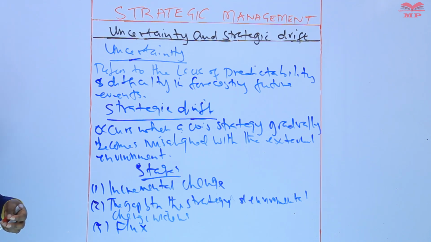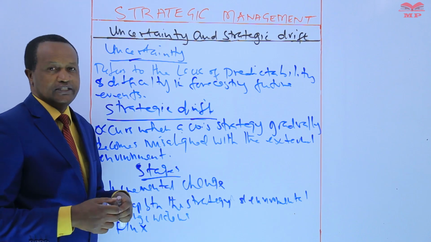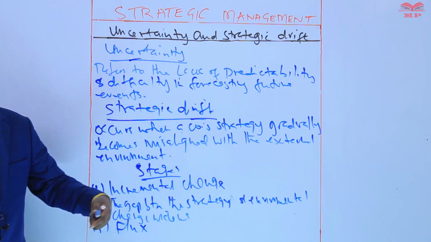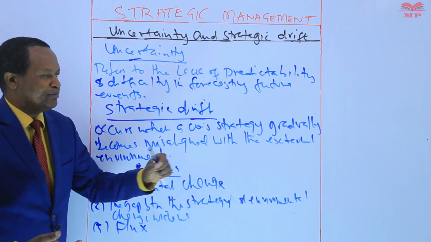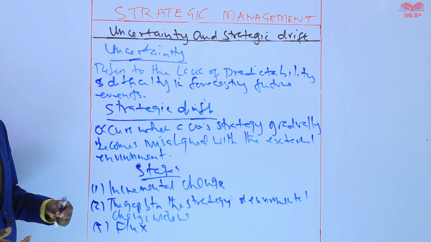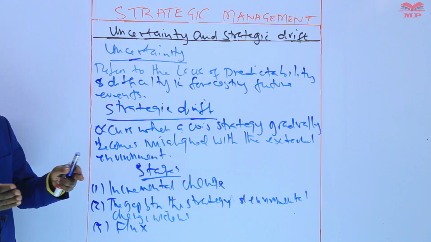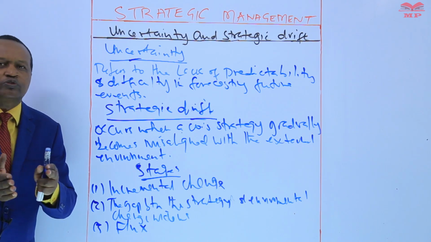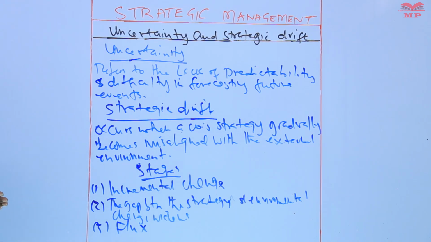That means that the organization experiences a period of confusion and instability as it tries to respond to the growing misalignment. So this is a big misalignment. So there is that period of decline or confusion as the organization tries to catch up. It tries to respond to the growing misalignment. You understand?